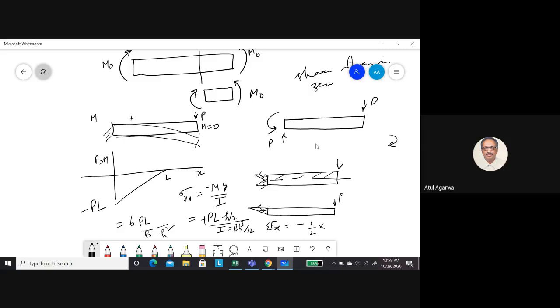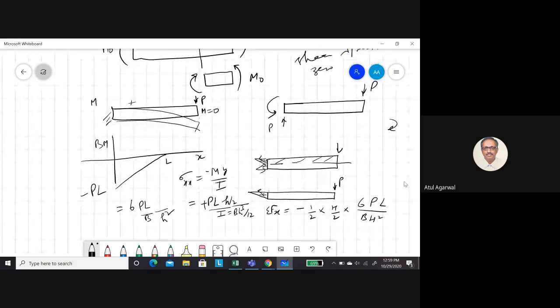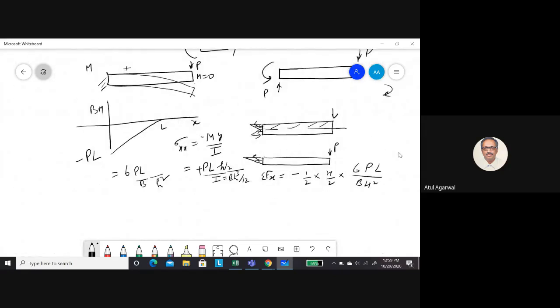What is the height of the triangle? H by 2. What is the maximum value of the base? 6 PL upon bh square. So what is the sum of the forces? Minus 6 by 4 or minus 3 by 2 PL upon bh.